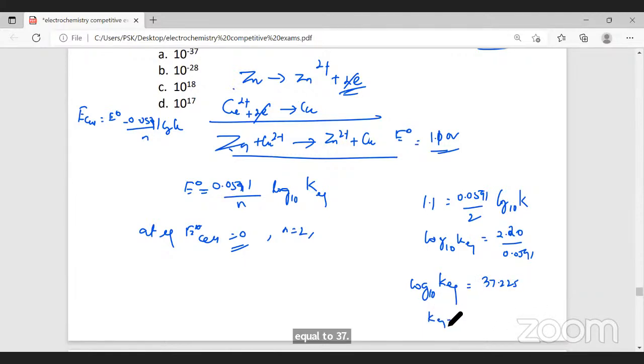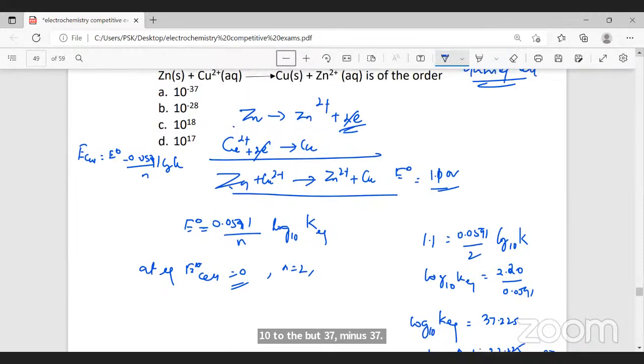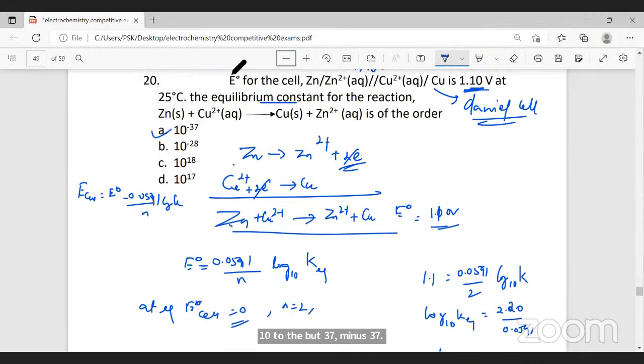So K equilibrium will be equal to the anti-log of 37.225. That will be equal to 1.66 into 10 to the power 37. Hence, the answer will be of the order of 10 to the power 37.